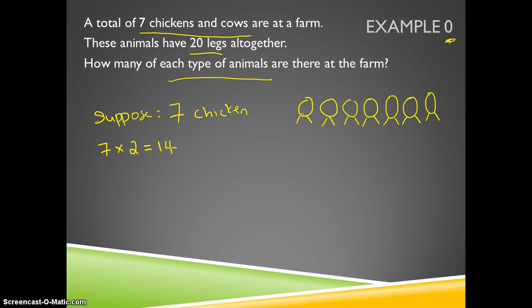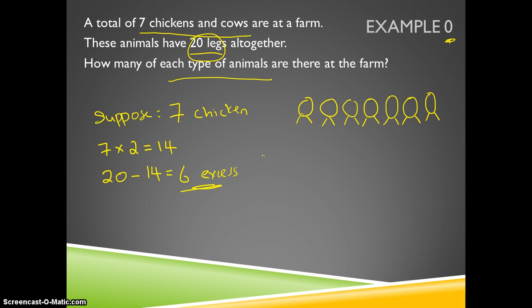Now, you know that I should have 20 legs altogether, because that is what is given in the question. So I have less than what I'm supposed to have. How many less? That is what we need to find out. So, 6. I have 6 excess legs. This is my excess. I have 6 extra legs that I need to put in here.